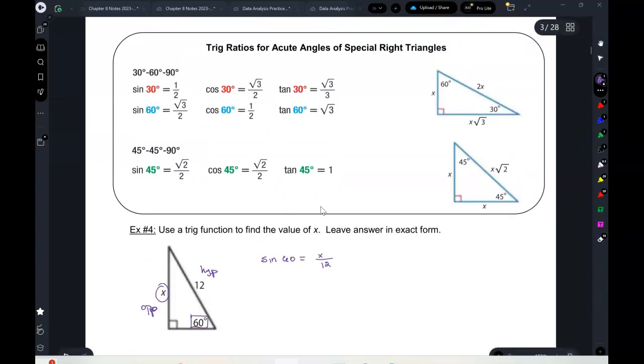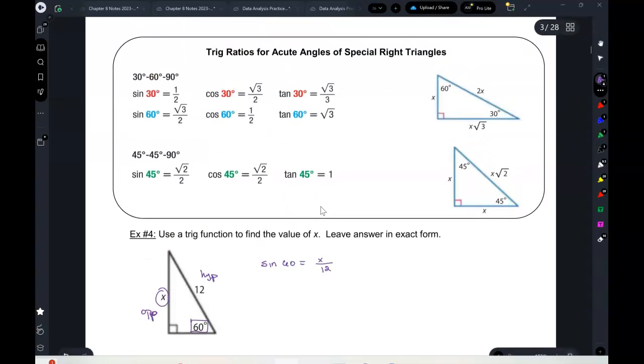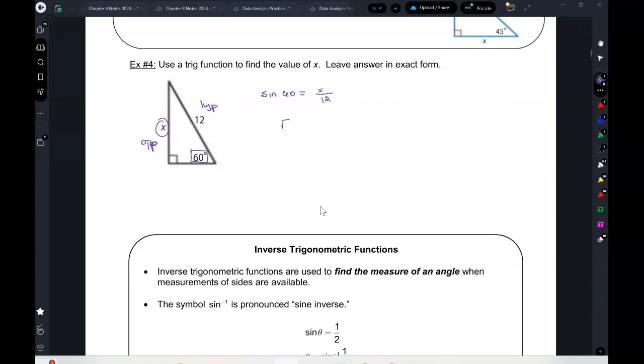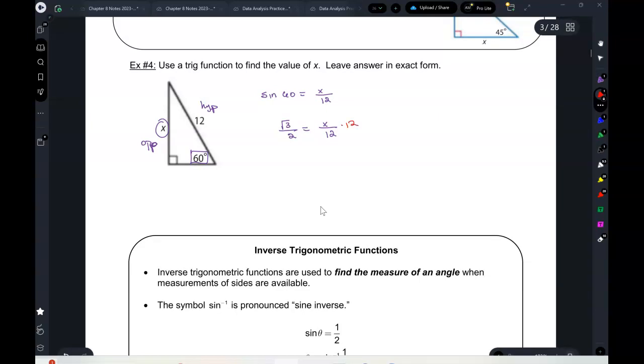But look, what is sine of 60? You see that? We found it before. It's root 3 over 2. So I say, okay, this is root 3 over 2 equal to x over 12. Now multiply both sides by 12. So 6 root 3 is equal to x.